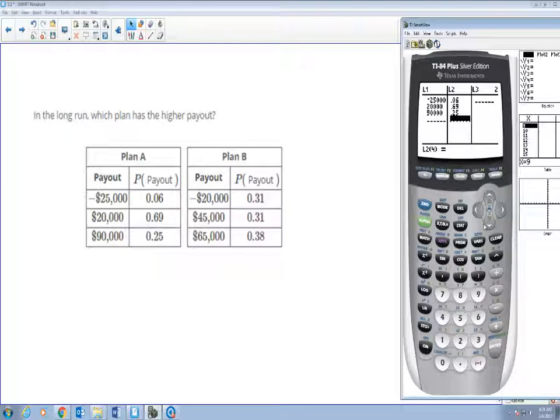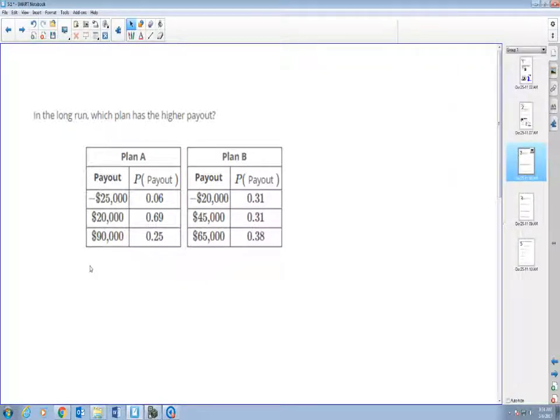As you can recall, after we type it in, we go back to stats, highlight the word calc, choose number one, 1-Var Stats. Now I just type in the lists, second L1, comma, second L2. What I'm looking for is my mean. My expected value for this game is 34,800. That's plan A.